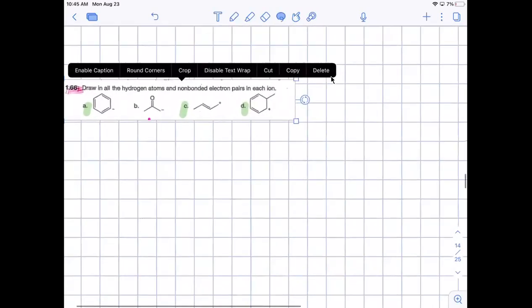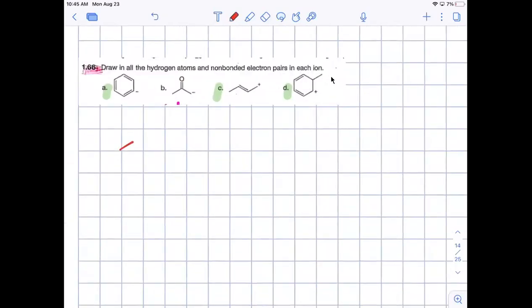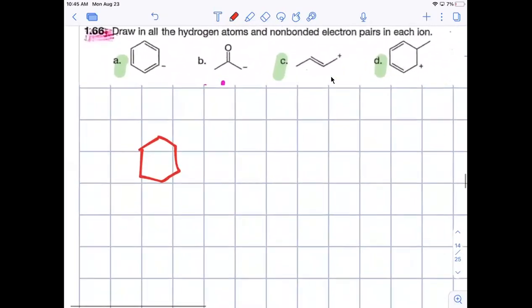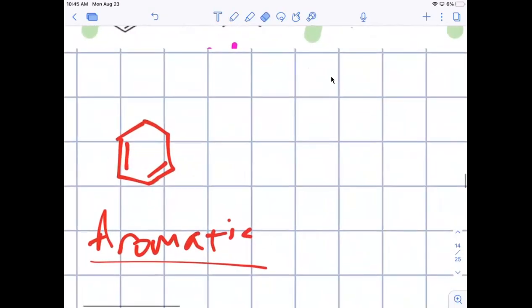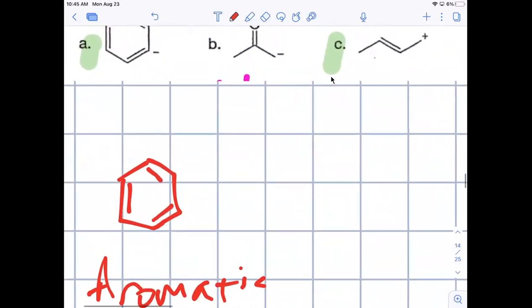All right, let's do A right quick. Because we're going to talk about functional groups too, A is an example of what we call an aromatic functional group. And there's a negative charge on this carbon. What does that mean?